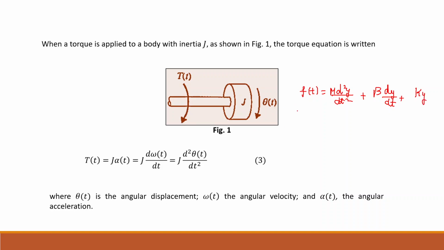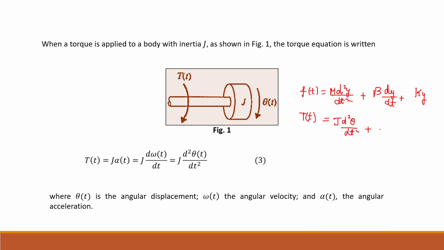Here the forcing function is torque, equal to the angular inertial torque, that is J d2 theta by dt2. Totally similar. Here y is displacement, theta is angular displacement.